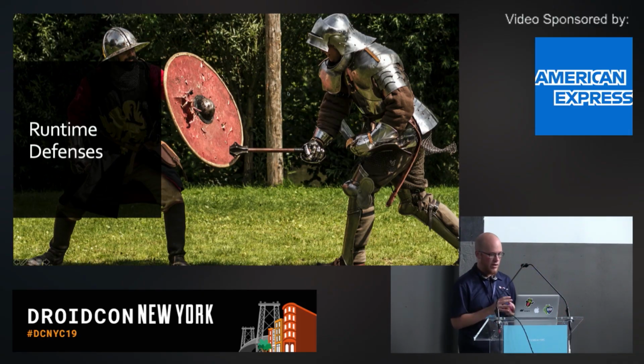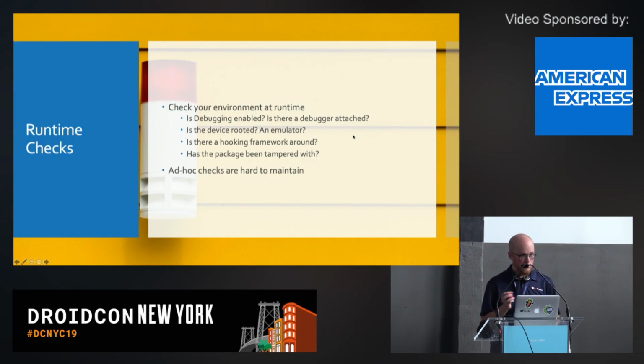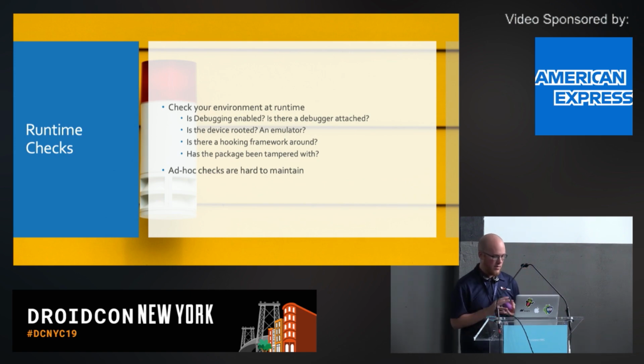So let's talk about some runtime defenses. Really what I'm going to be talking to you about today is runtime checks. You want to try to check your environment at runtime. If the device that you're on is rooted or an emulator, you might want to stop there.